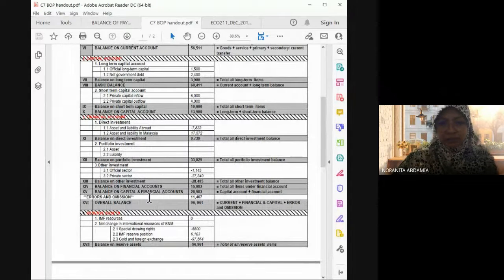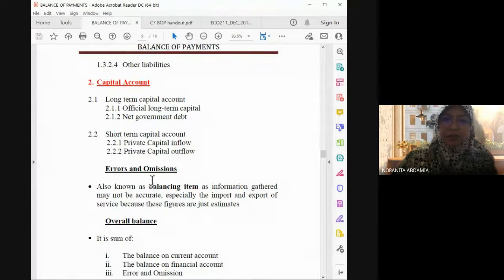Okay, after that, cuba tengok under financial account, there's 1, 2, 3, right? And after the balance for each account, there is one item, apa dia, errors and omissions. Apa benda ni? Back to this note. Errors and omissions is also known as a balancing item, as information gathered may not be accurate, especially the imports and exports, because these figures are just estimates.